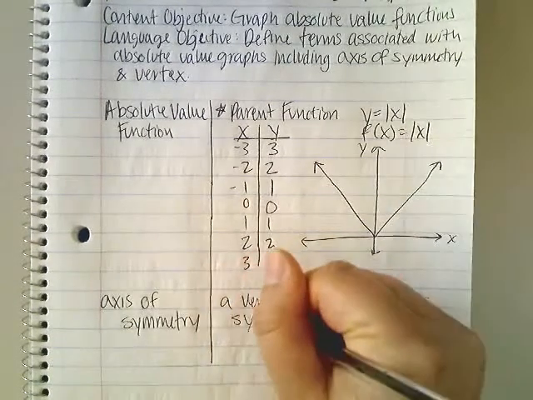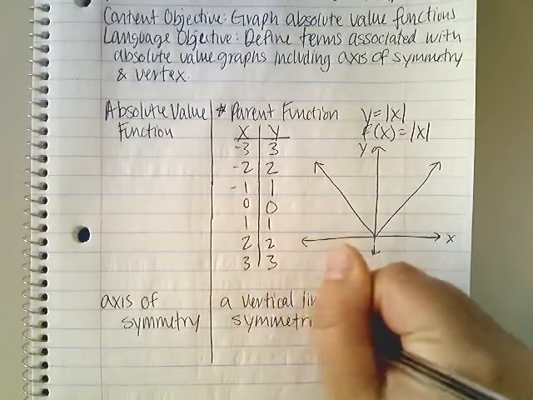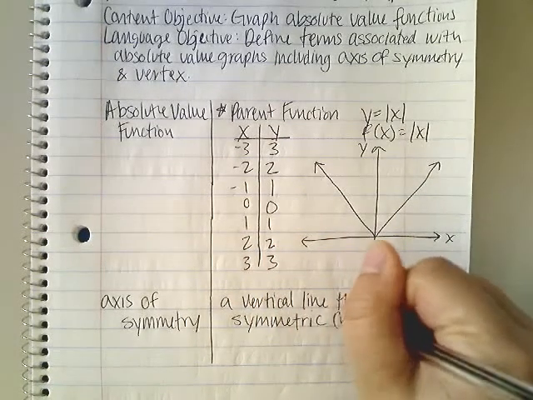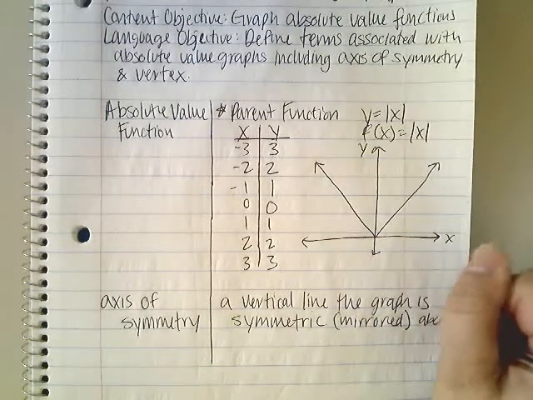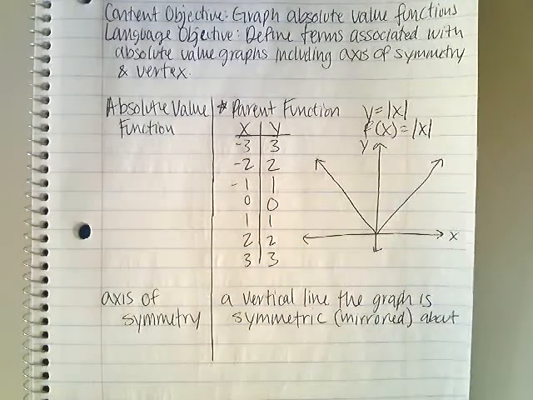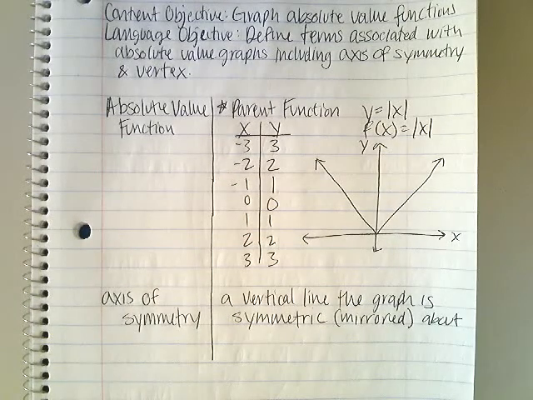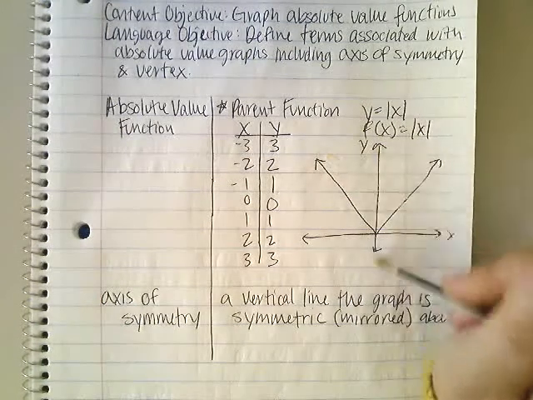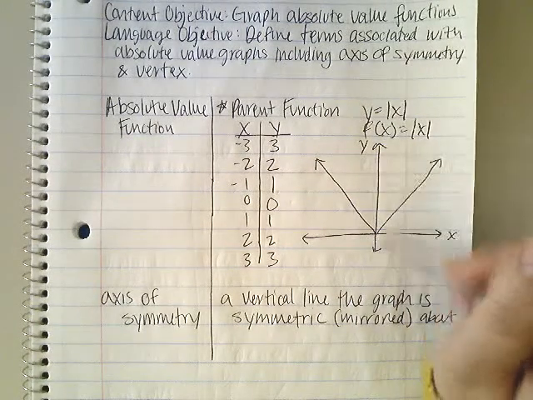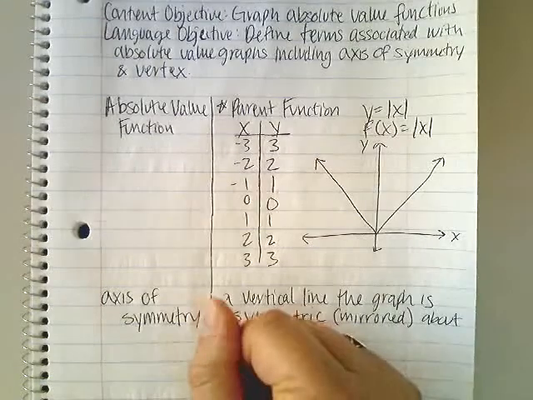And since symmetry and symmetric is kind of a circular definition, I think another way of explaining it is mirrored. So it's the line that the graph is mirrored about. So it's kind of the line that cuts your V in half. So it'd be, in this case, the y-axis. I'll draw another demo in a second.